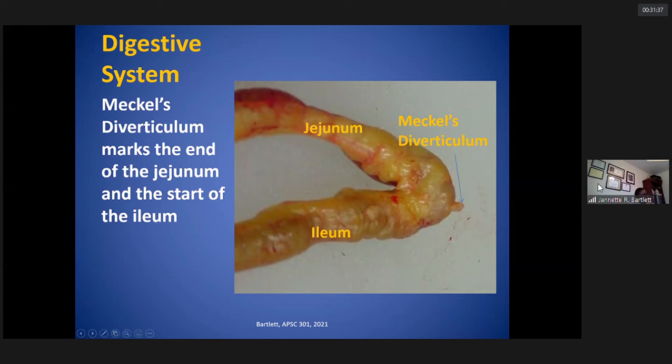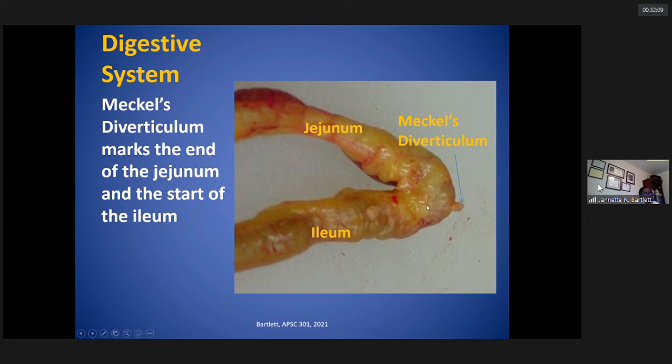Sometimes if you take the digestive system out and look at it directly from the bird, unless you know what to look for, you cannot tell the jejunum from the ileum. But once you look, you will see this little knob right here, and this will tell you where the jejunum ends and where the ileum starts. So the next time you get a chance, if you're killing a chicken and you take out the digestive tract, just look at the small intestines and you will see this little knob.